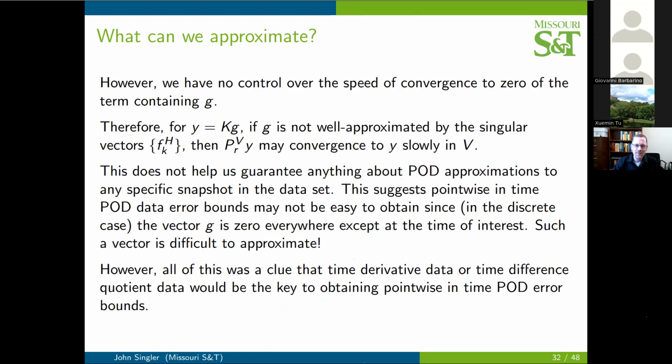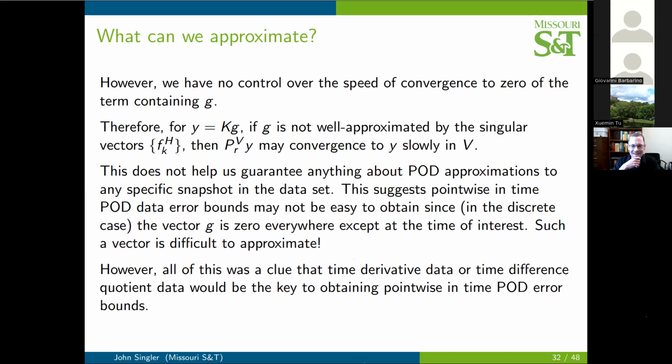I was really hoping to get some more information here about what POD can do, but it maybe didn't tell us too much, because we have to understand these other singular vectors, which is a trick.